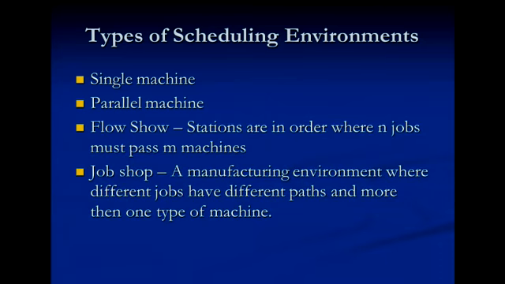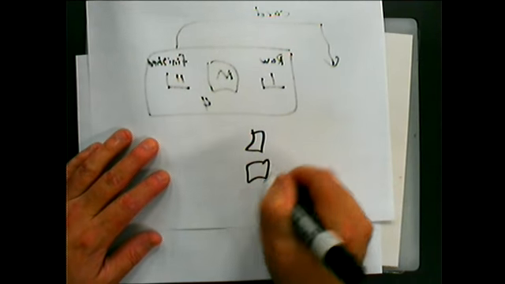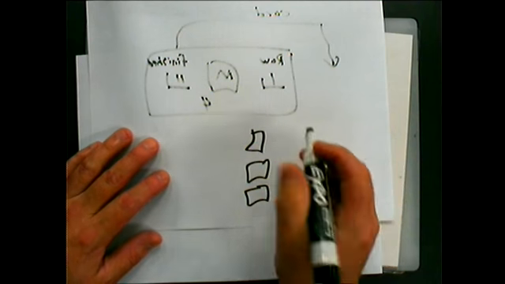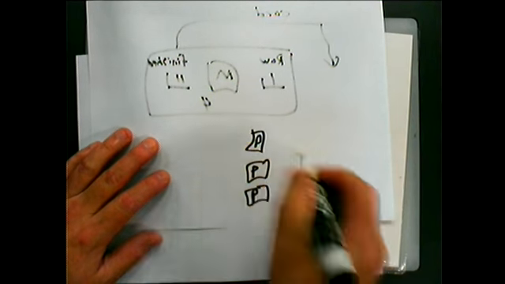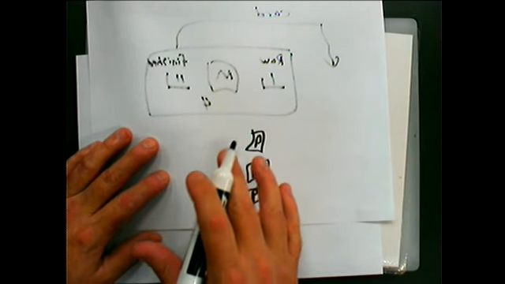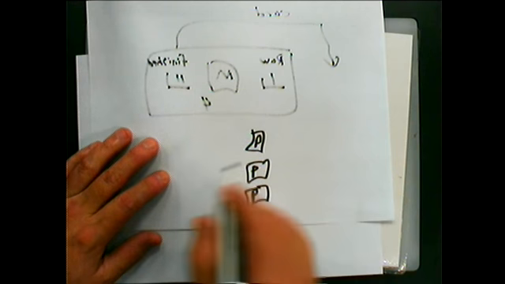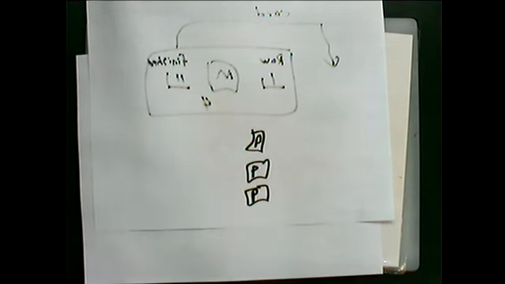You can think of an environment where you have parallel machines, and a parallel machine environment would be a situation where I had 3 machines, maybe printers, and I'm printing stuff off, and I could send a job to each one. Now, they could be the same or different, okay? In which case, you'd have to schedule each one of these printing presses or lathes in parallel.